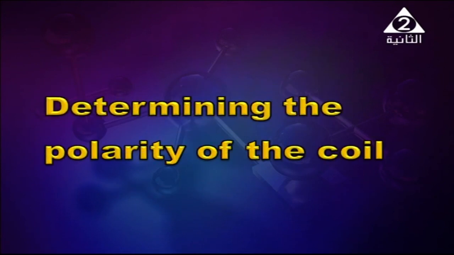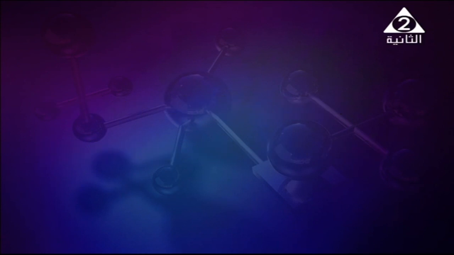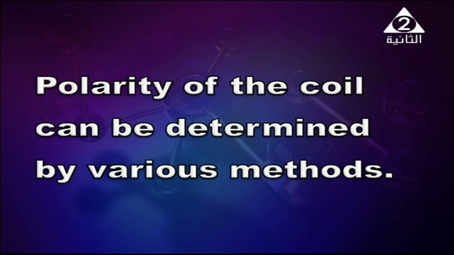And now we want to determine the polarity of the coil. What does it mean to determine the polarity of the coil? It is always to know whether it is the north pole or the south pole. The polarity of the coil can be determined by various methods.